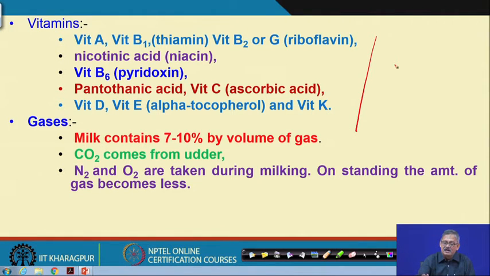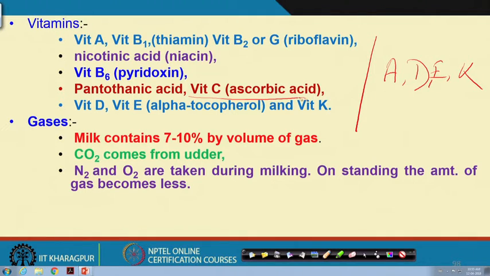Fat solubles are vitamin A, D, E and K, and the rest of the vitamins are water soluble, right. So, these are all vitamins which are available in milk, but it is poor in vitamin C content, right. It is poor in vitamin C content.